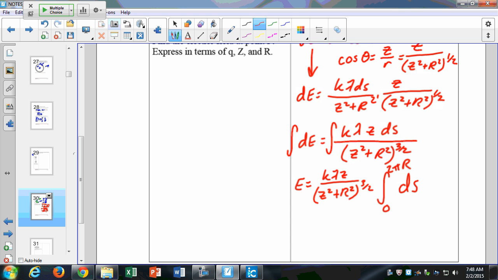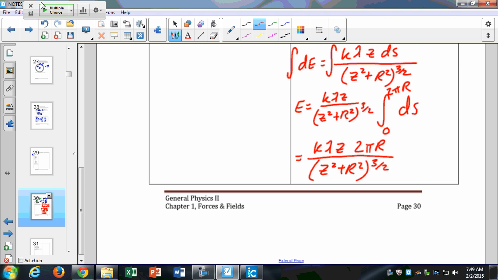And then I put that in. 0 to 2 pi R is just 2 pi R. So I'm left with k lambda z 2 pi big R divided by z squared plus r squared to the 3 halves. That's going to be my electric field.